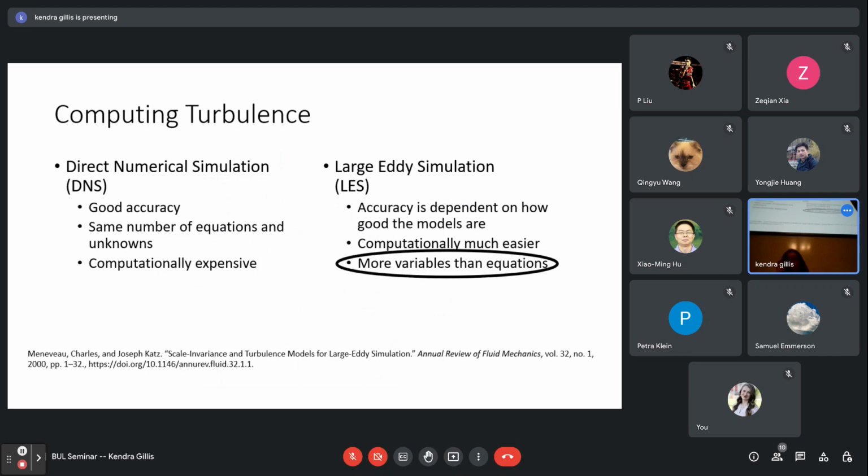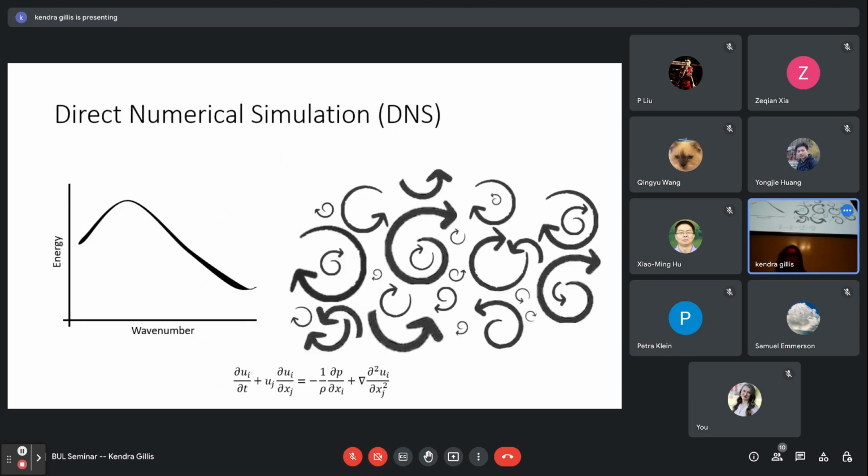Unfortunately, there are more variables than equations because you have to take into account the smaller eddies that aren't part of the simulation. So you have to model some of the variables that we don't have equations for. That's generally referred to as the closure problem.